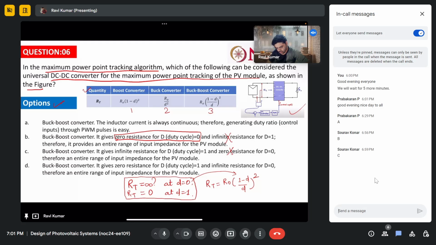Then option D says for D equals to 1 it is 0, and for D equals to 0 it is infinite. Yes. So option D is the correct answer here. So the right answer is D. Got it?